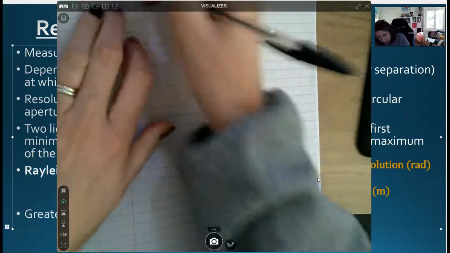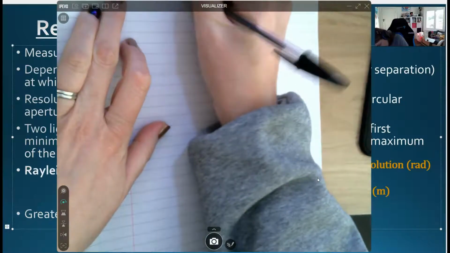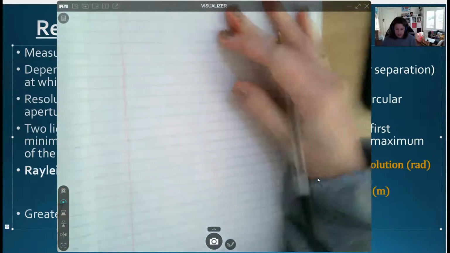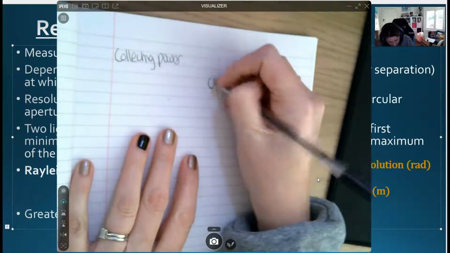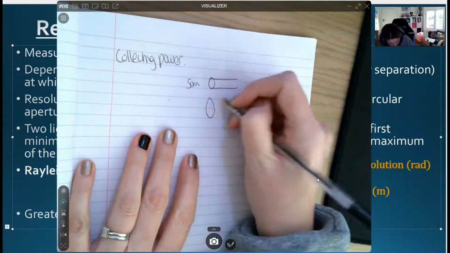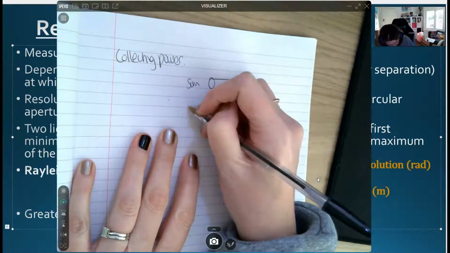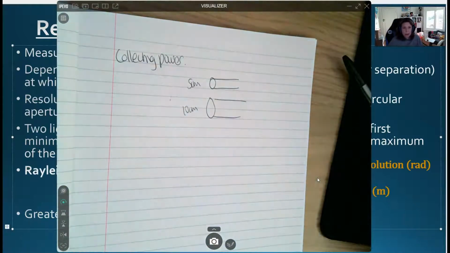Something else is called collecting power. So collecting power is how much light you can actually collect. So let's say I've got my two apertures again. One's 5 centimeters, one's 10 centimeters. Which one of these can collect more photons?